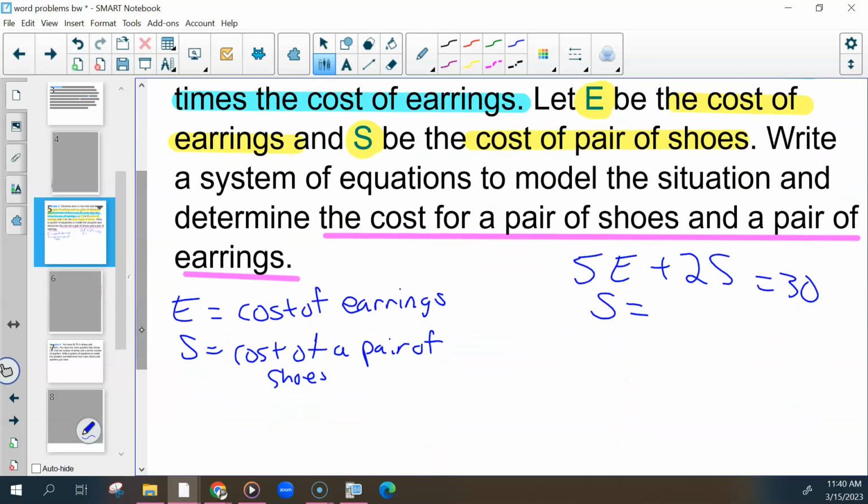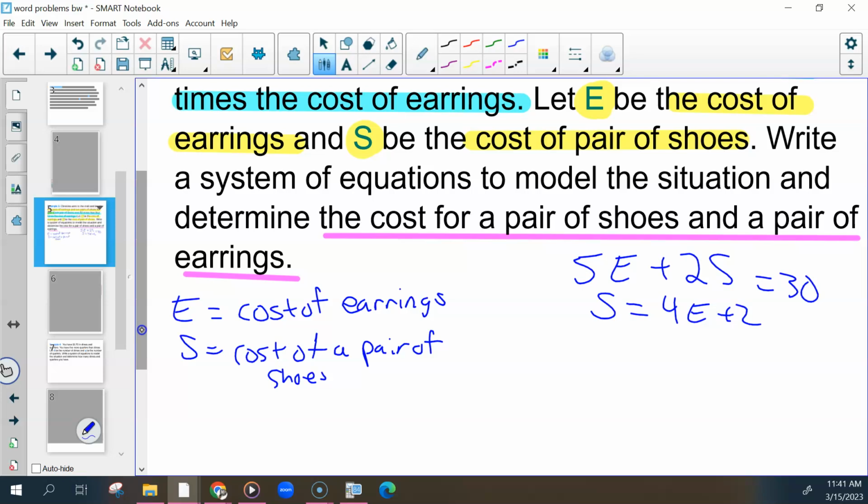I'm going to rearrange that a little bit. 4E plus 2 or 2 plus 4E, either or. Of your methods of solving systems, which one would work best for this? Nature?